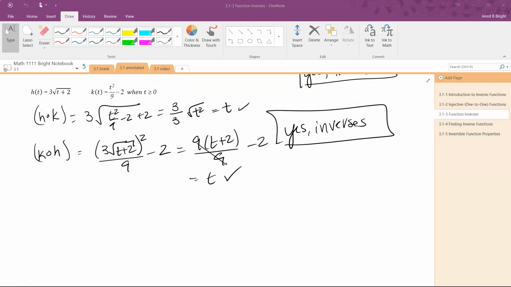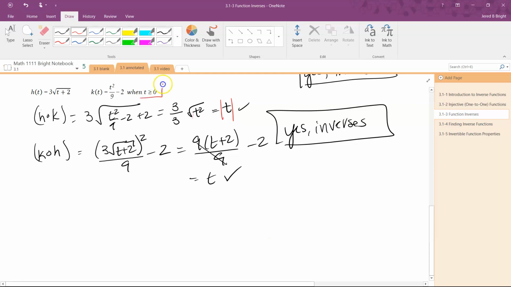Here's my solution. So I did the composition in both orders. I got t, we're going to t instead of x. Big deal. And so when I did the composition h of k, right, stuck k into h, got this. Now technically, when you take the square root of a square, you should get absolute value.